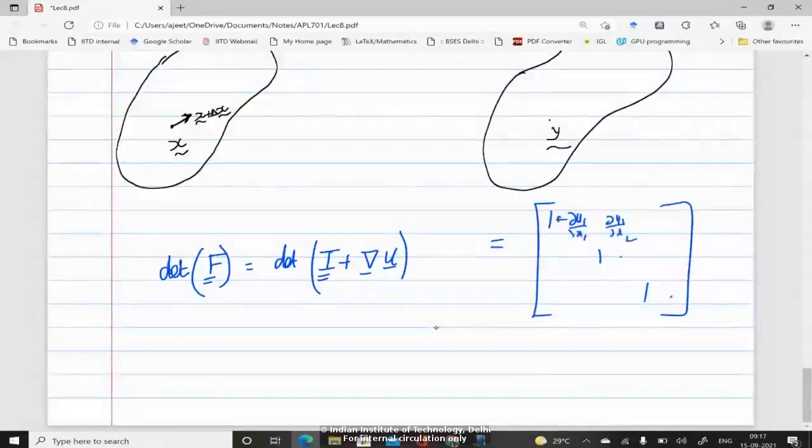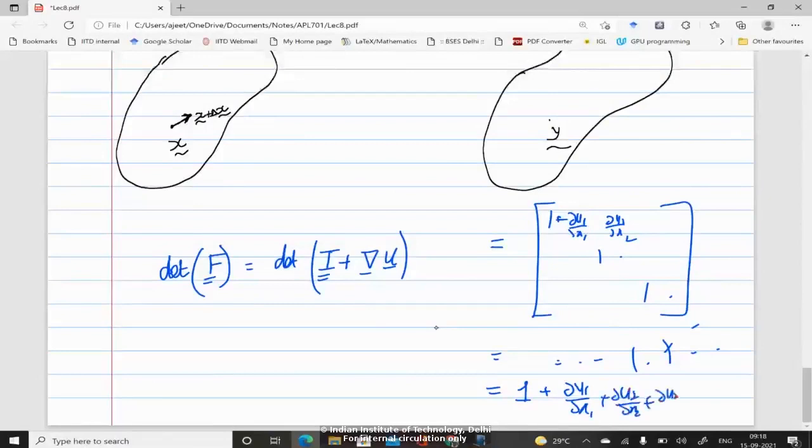You populate it and then work out the determinant, and then neglect the higher order terms and keep only the terms up to first order in u, the leading order, and you will see that it becomes 1 plus del u1 by del x1 plus del u2 by del x2 plus del u3 by del x3, which is 1 plus divergence of u, and that's the Lagrangian divergence.